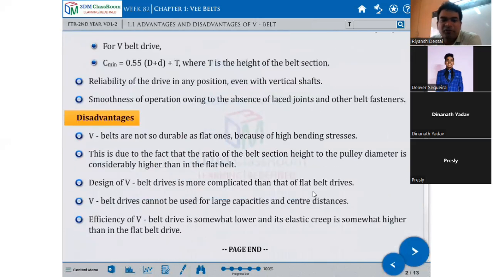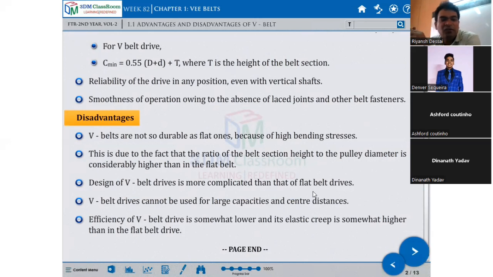Now there are some disadvantages also in this belt. Vee belts are not as durable as flat ones because of the high bending stress. Most Vee belts are less durable, and after some period of time they have to be replaced because of wear and tear. That is one disadvantage.